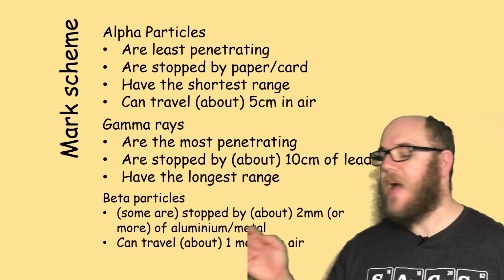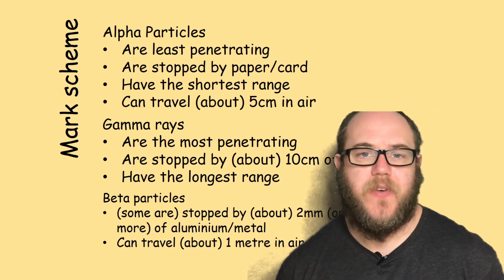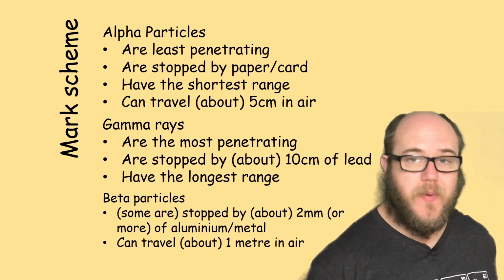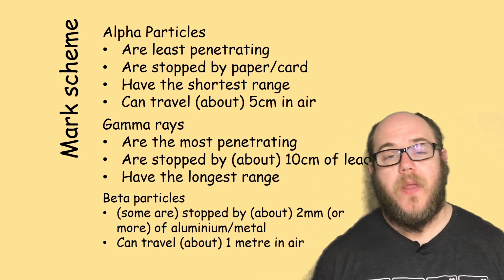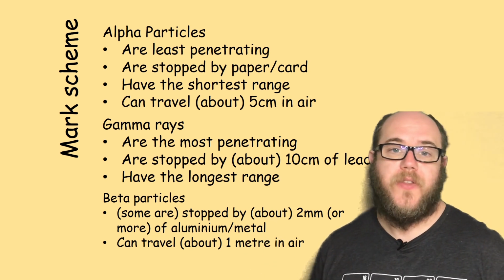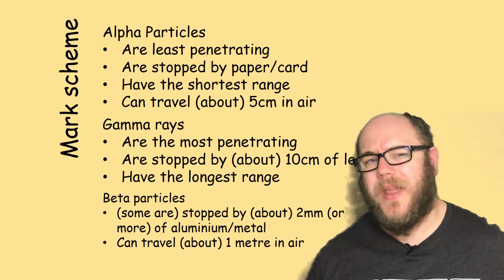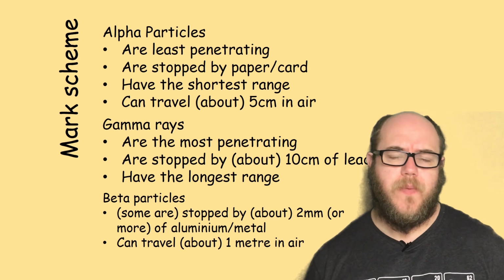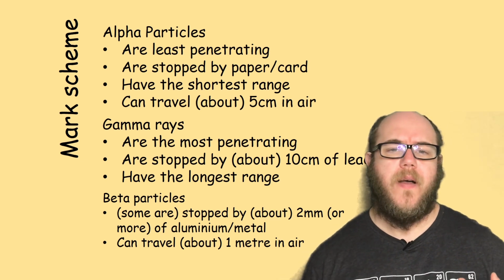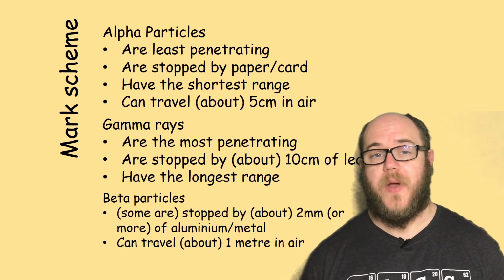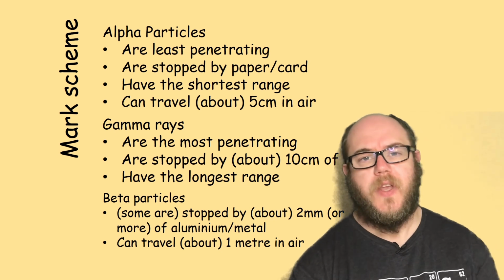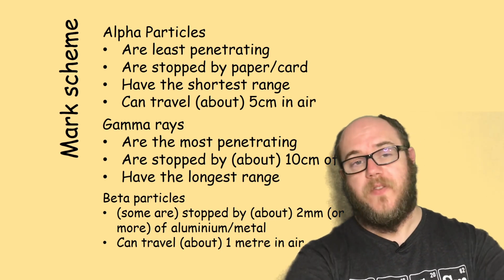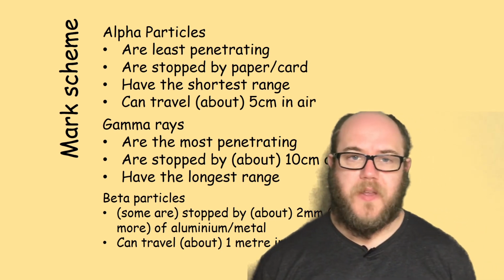So I've just realized the PowerPoint went gamma first, then beta. That's not very helpful. But anyway, gamma rays are the same. Gamma rays normally die off around about 2 meters. When we're doing demonstrations with radioactive materials, all students and other members of staff should be 2 meters away from us and the source.